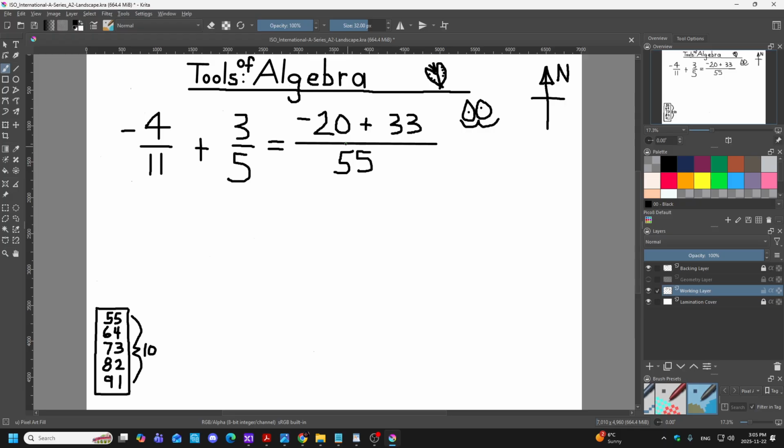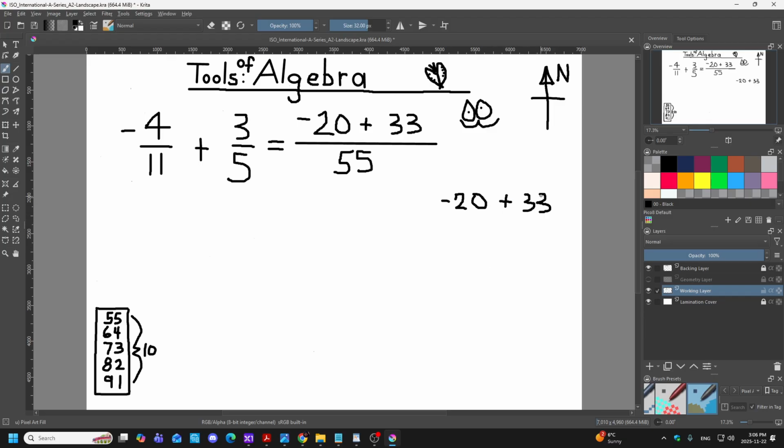Okay, so the integer addition is the same. We have a negative 20 plus 33, right? As we can all see, if we ignore the signs, 33 is the larger value. 33 is greater than 20. So that means we're going to have many more jumps with 33, obviously.